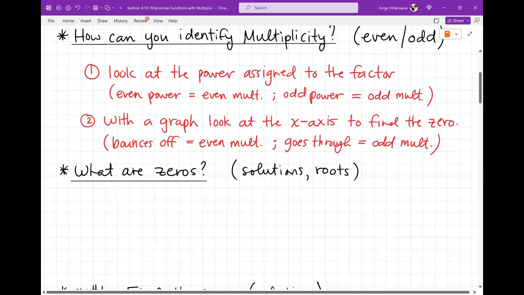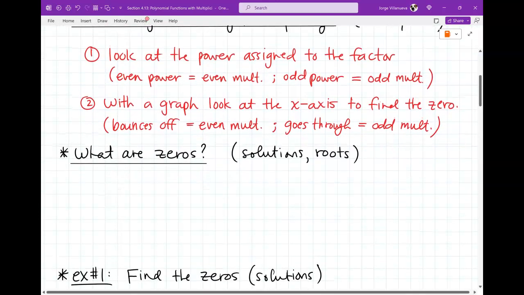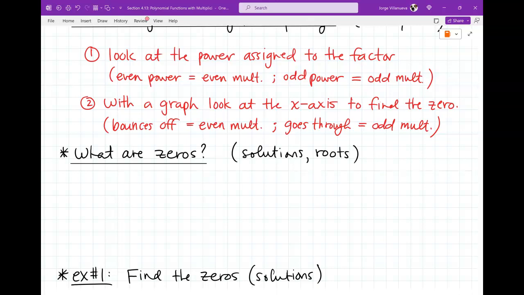Here's the last thing that I kind of want to define for us, and then we're going to do some actual problems. What are zeros? And I kind of put them right there. Solutions, roots, okay? These are answers found by solving a function.